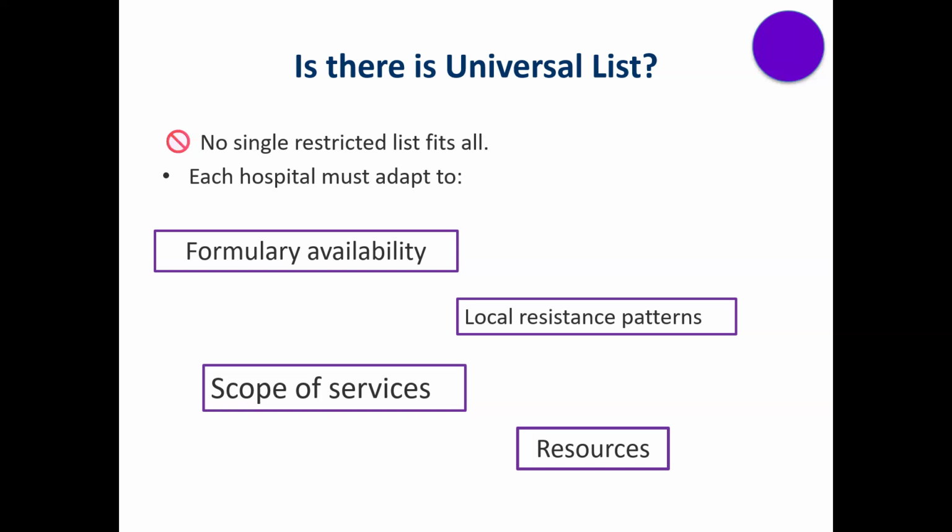It's very important to know that not all hospitals restrict cephalosporins or fluoroquinolones, but those hospitals that have a mass use of those agents, these agents should be restricted, or even if those hospitals show an antibiogram that reveals a resistance pattern for these antimicrobials, these antimicrobials need to be restricted.